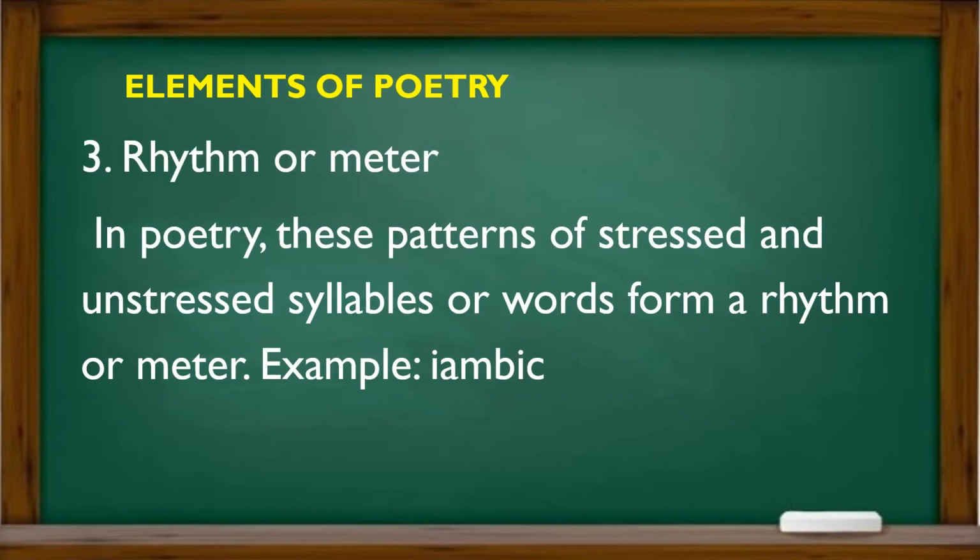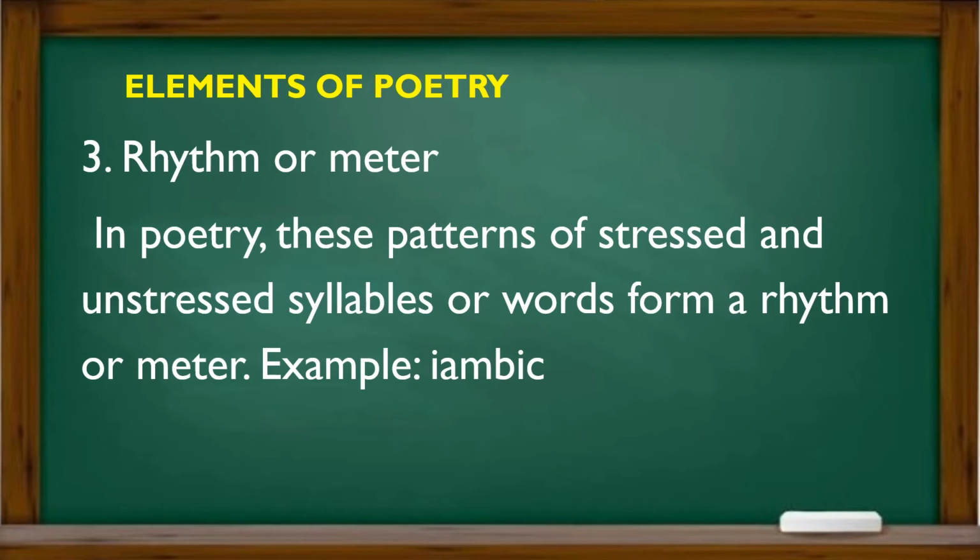Number three is rhythm or meter. It is a slightly more difficult aspect of poetry for some students. There is a natural rise and fall in our language. We stress certain syllables and words more than others in order to emphasize meaning. In poetry, these patterns of stressed and unstressed syllables or words form a rhythm or meter.